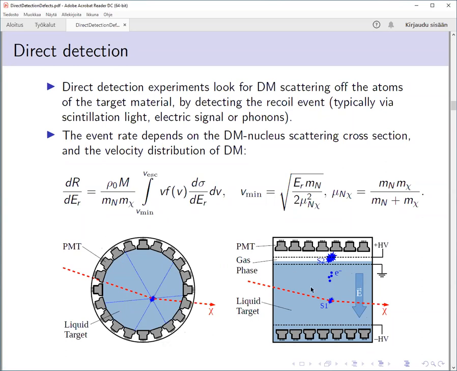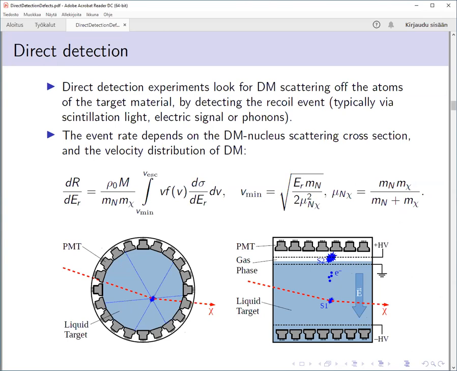Or here, in another experiment, you put in an electric field on top of the tank. So now if there is an ionization event, then the electrons will drift in the field, and as there is some gas phase on top of the liquid phase, once the electrons reach the gas phase, the electric field will accelerate them in the gas so that they will hit many more atoms in the gas, and then you observe the light that comes from this kind of a burst.